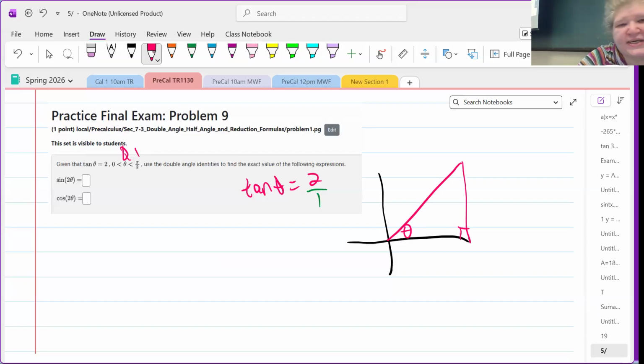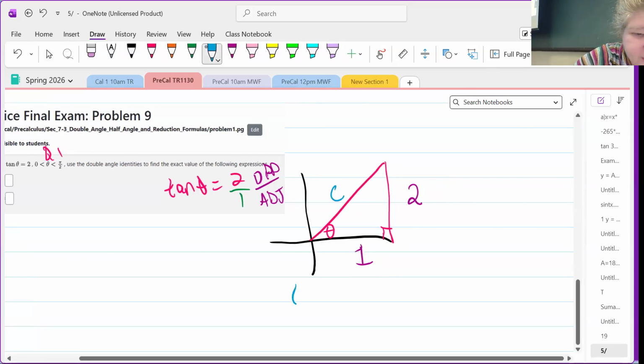So tangent is opposite over adjacent. Opposite is the vertical side. Adjacent is the horizontal side. So I need to figure out my hypotenuse. I'm going to call that hypotenuse C.